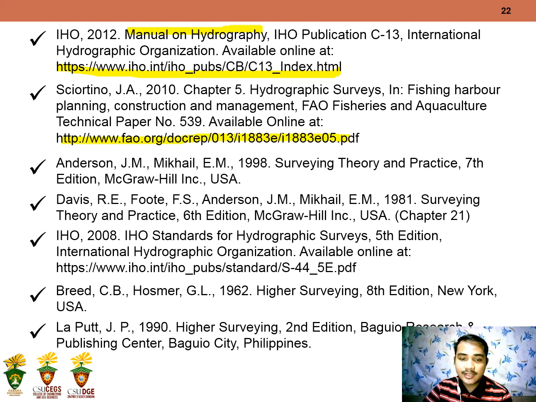We have also Survey Theory and Practice by Anderson, and Surveying Theory and Practice by Davis, Anderson, and Mikhail. They are the same, only the year of publication differs. We have also the IHO Standards for Hydrographic Surveys, 5th edition, accessible through this website. And also Higher Surveying by Breed and Hosmer. And lastly, Higher Surveying by Lapo.